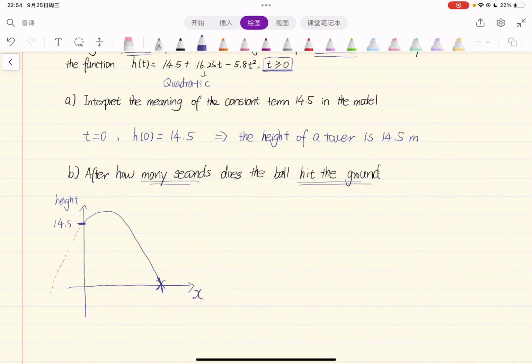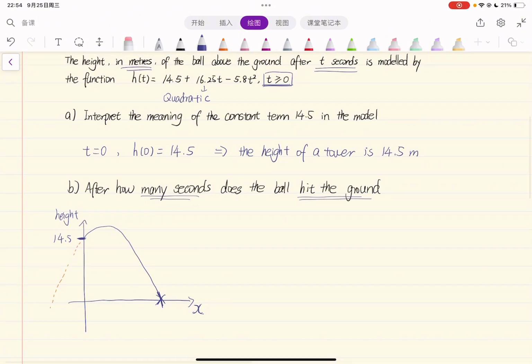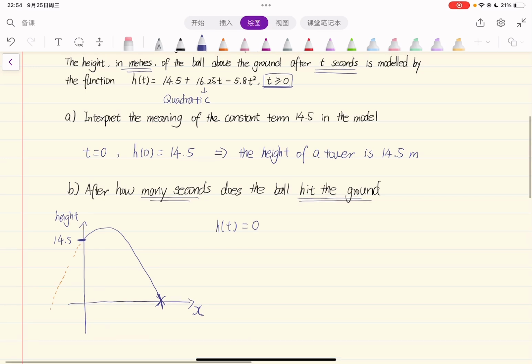So when the graph crosses the x-axis, it means you need to find the root of the function. That is h(t) equals 0, right? So we need to find the values of t. That implies 14.5 plus 16.25t minus 5.8t squared equals 0.